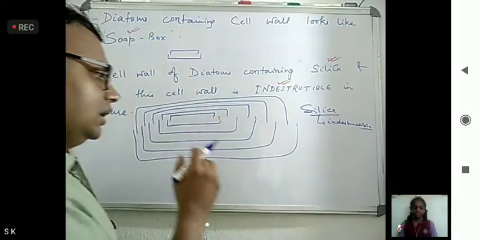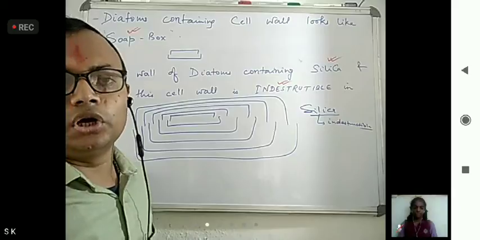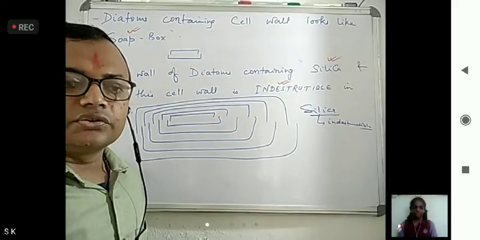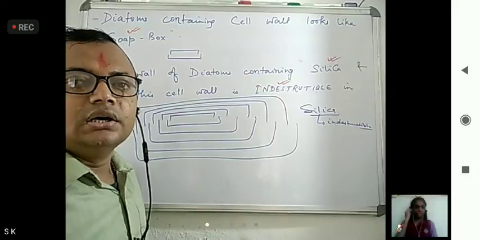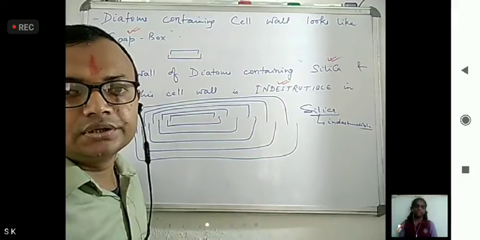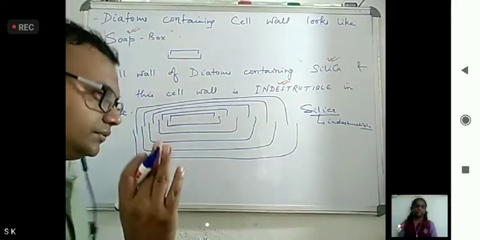So due to indestructible nature of cell wall of diatoms, it forms a big layer in the bottom area of sea and known as diatomaceous earth.